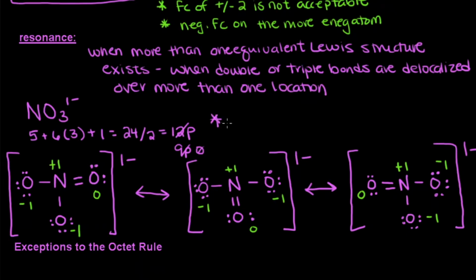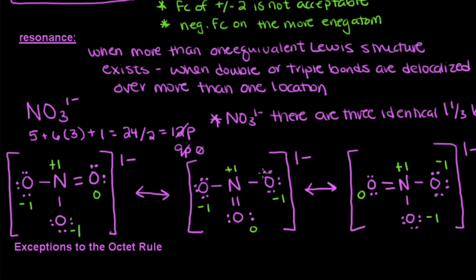In other words, in this NO3 1- molecule, there are 3 identical bond and a third bonds. Because this double bond, that pair of electrons, this shared pair that I'm circling right here, that shared pair is actually spending equal amounts of time here, here, and there. That's what resonance is.